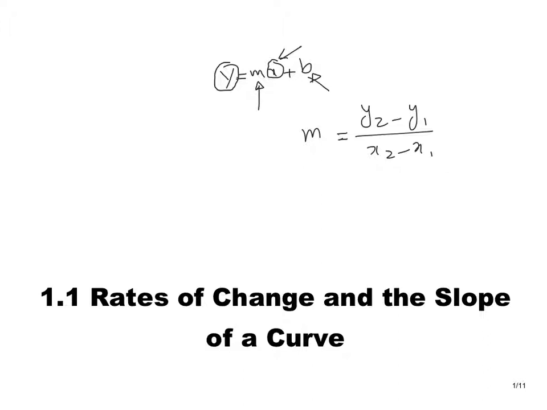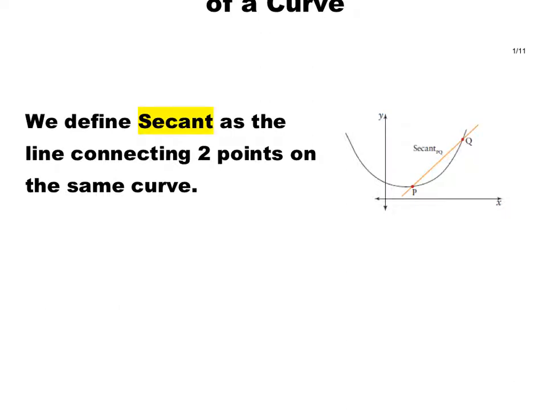Now you may ask, when we are dealing with a function which is not linear, like a rational function or quadratic, how are we going to define the slope or the rate of change? To be able to define the slope or the rate of change for any type of function, we are going to define a new term called secant. A secant is a line which joins 2 points on a curve.